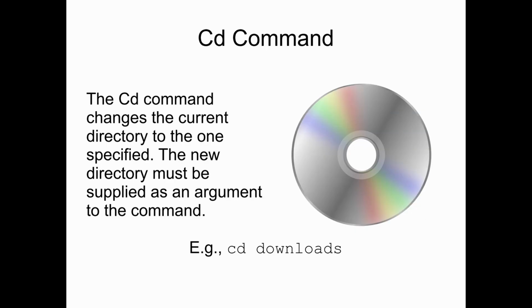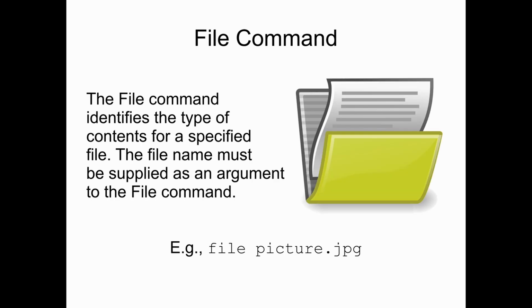The cd command changes the current directory to the one specified. The new directory must be supplied as an argument to the command. The file command identifies the type of contents for a specified file. The file name must be supplied as an argument to the file command.